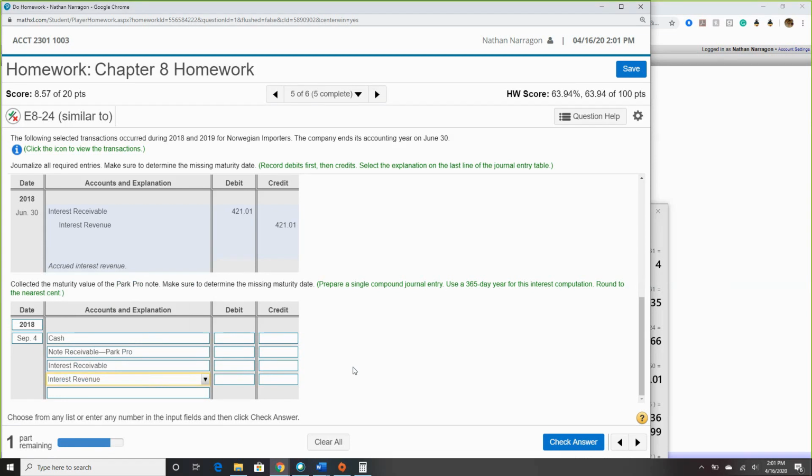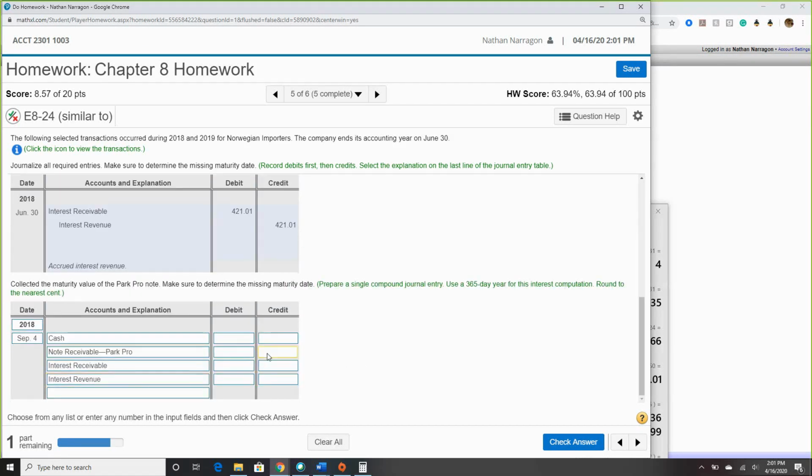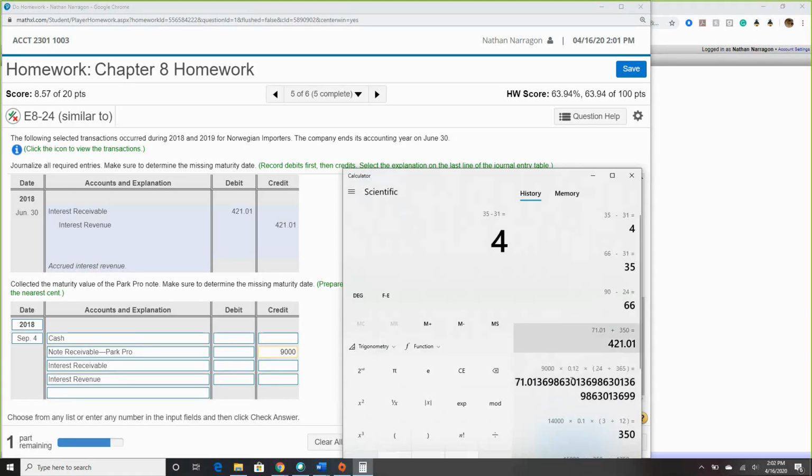And of course we have to record interest revenue for the current period, what happened after June 30th. So we can fill out the stuff we know. The note was for $9,000. That's going to be a credit since he's paying it off. The interest, we figured out using our calculator, was $71.01.